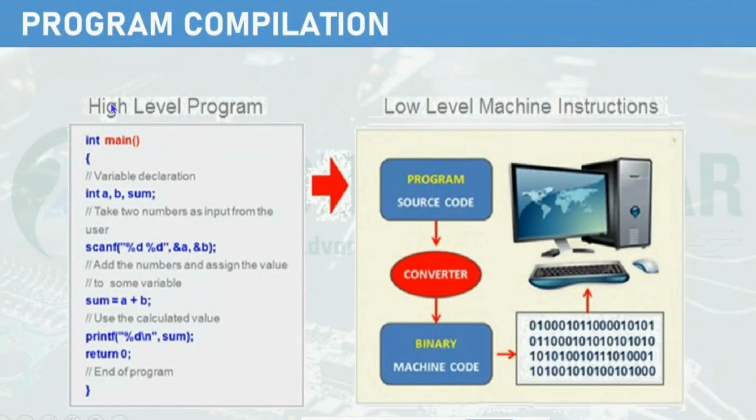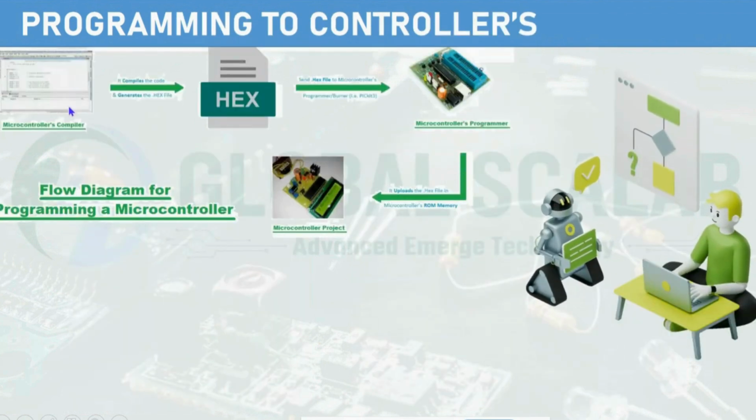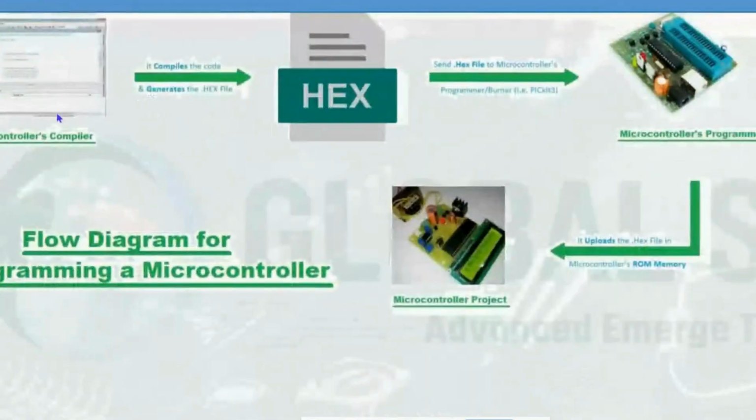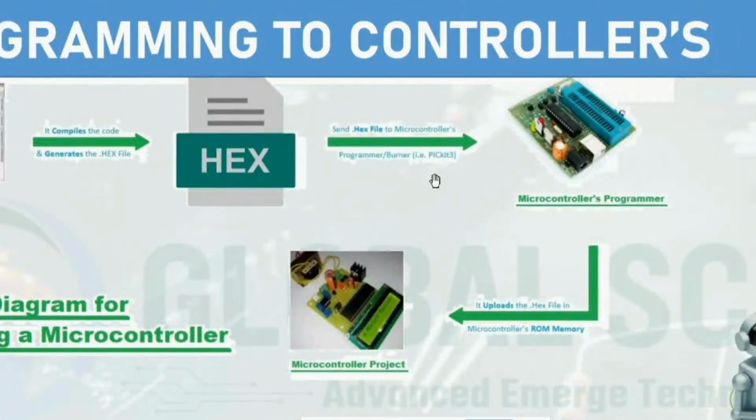Then, if the program we write is in a high level language, the controller always understands only a lower level language. So whatever programming we write in the code should be converted to binary format for the hardware to understand. Initially, in the IDE, the Integrated Development Environment where you write the program, it generates the .bin or .hex files.